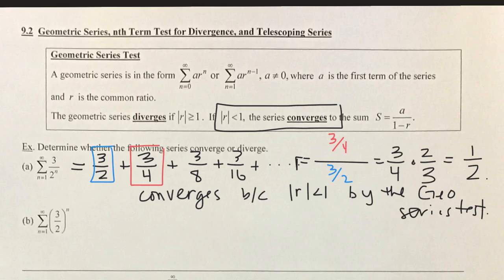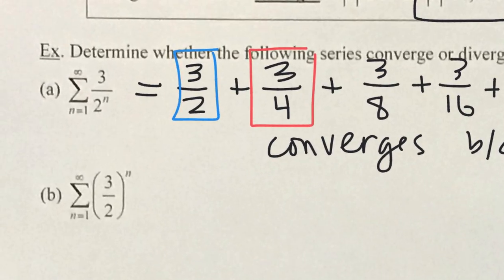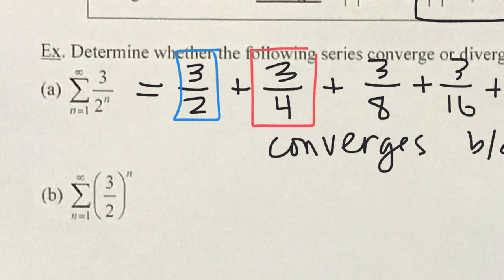Wow, that's some sloppy handwriting right there. Okay, how about our second one? What is our ratio? If we have 3/2 to the n, that means that's 3 to the 1 over 2 to the 1, and then 3 squared over 2 squared, and then 3 cubed over 2 cubed.